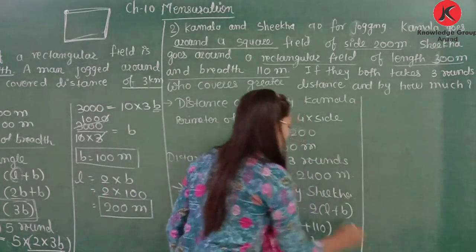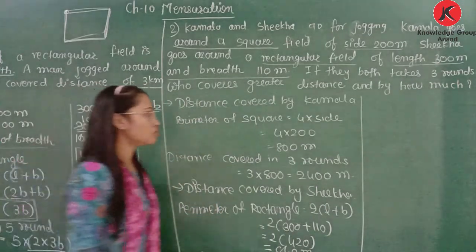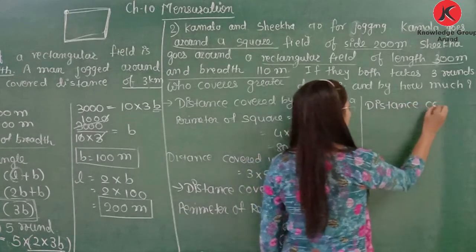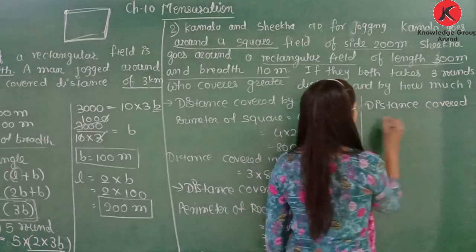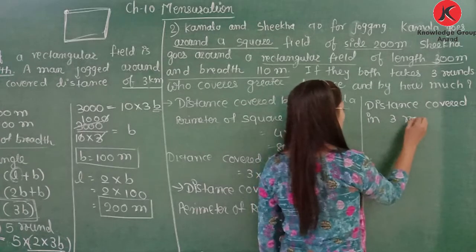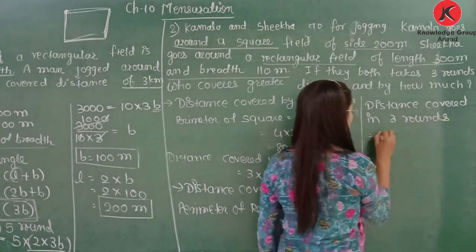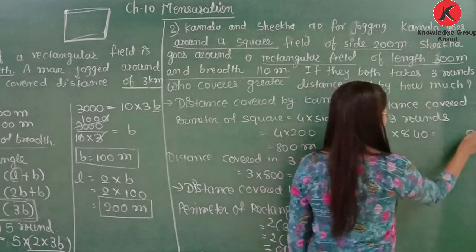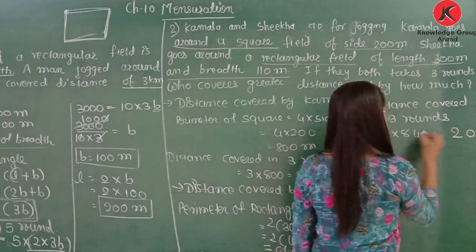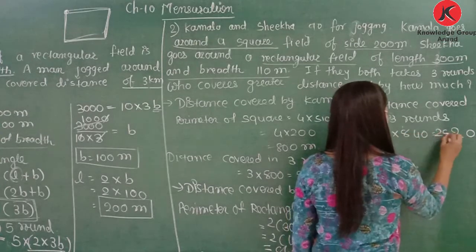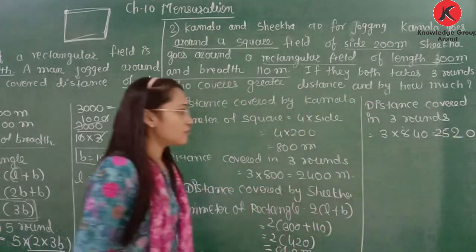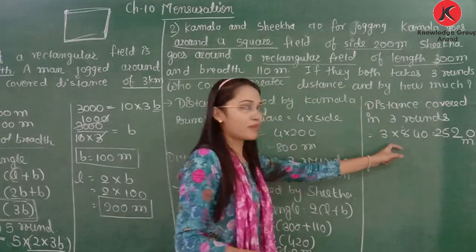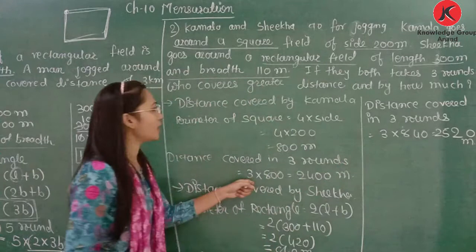Now Shikha is also taking 3 rounds. So distance covered in 3 rounds, that is 3 multiplied 840, 2520 meters. So this is the distance covered by Shikha and this is the distance covered by Kamla.